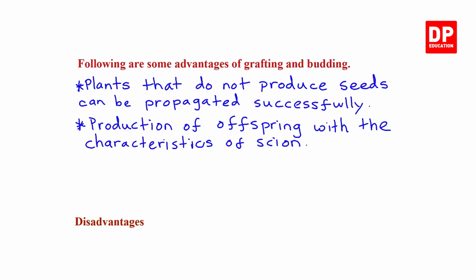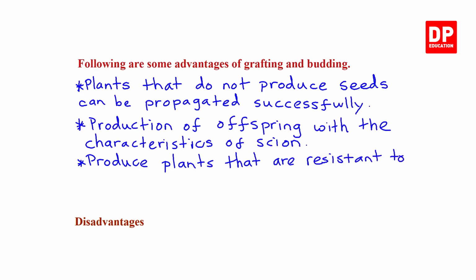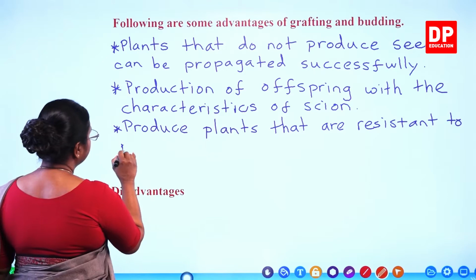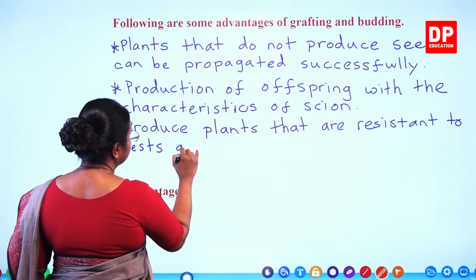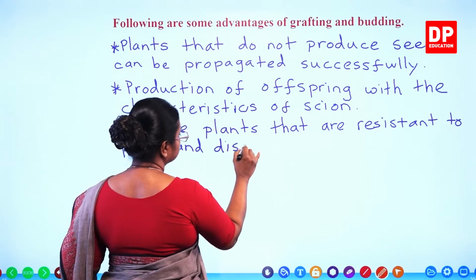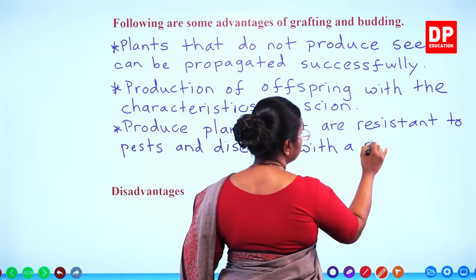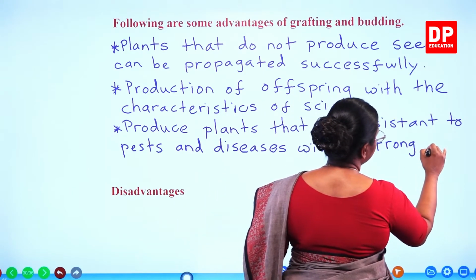So we can produce plants that are resistant to pests and diseases with a strong root system.